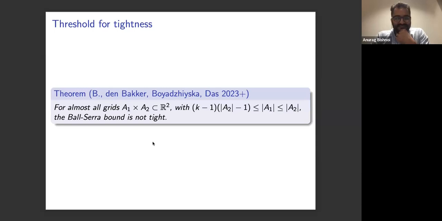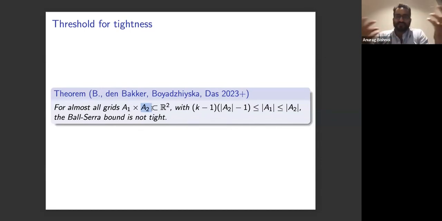Okay, nothing. Cool. So what we do prove is, in fact, what we mean here is that we pick these AIs randomly. So let's say we have 0 to 1 as your range, and within that range, you pick random points, say, m points, and then you pick random n points, and then you take that grid.